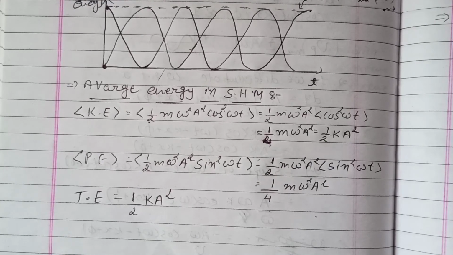Now the most golden key points, remember it. The frequency of oscillation of potential energy and kinetic energy is twice that of the displacement, velocity or acceleration of the particle executing simple harmonic motion.